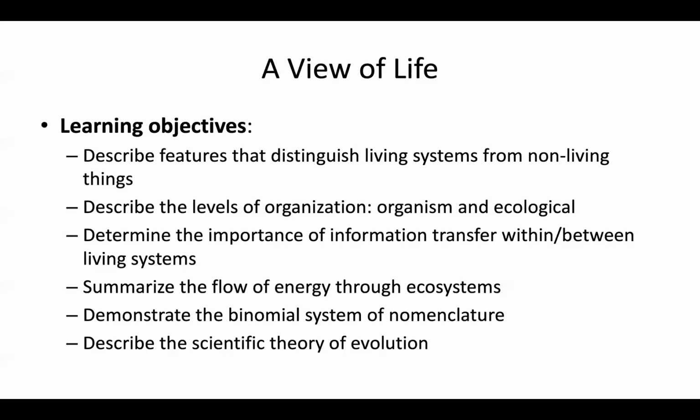We'll also determine the importance of information transfer within and between systems. And these systems are just talking about living things, like how's the information transfer from one system to another? Well, that just is your DNA, right? We inherit our DNA from our mom and dad, and that essentially becomes a blueprint for how we exist.